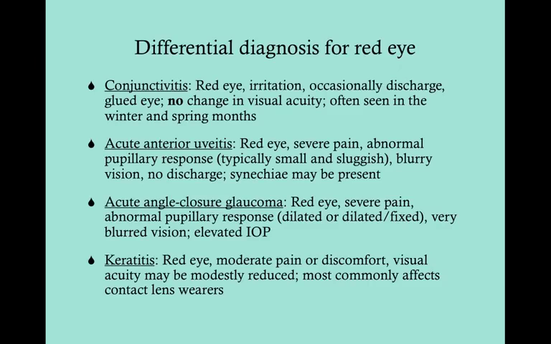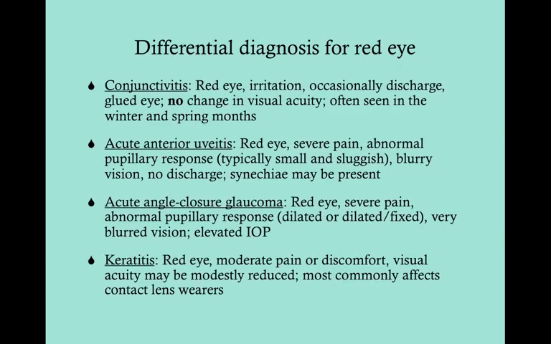Okay, so one of our big differentials is acute anterior uveitis. This is an inflammation of the uvea. The uvea consists of the iris, the choroid, and the ciliary body.